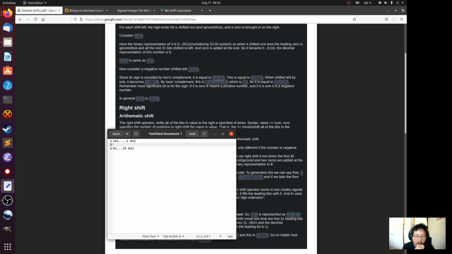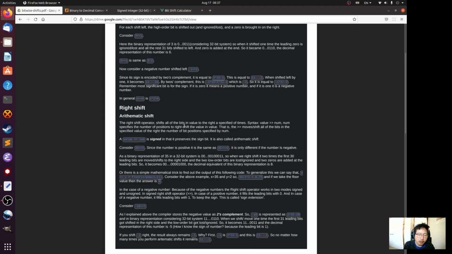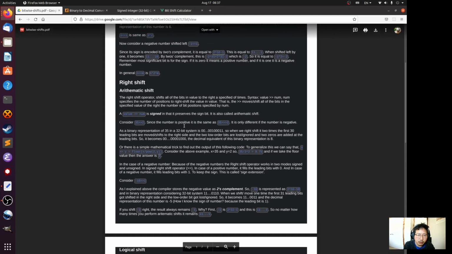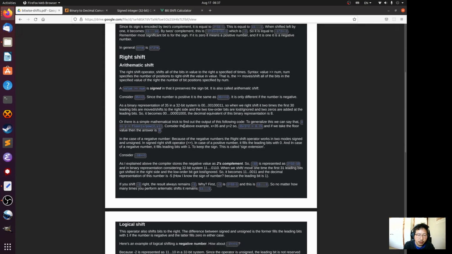Okay, so this bit over here actually starts out negative, but now it's positive because the leading bit is 0 now. Okay, so the left shift operators are not necessarily sign conserving.